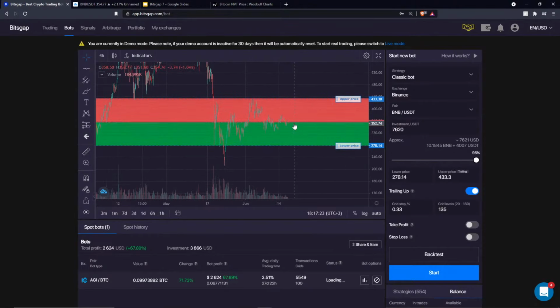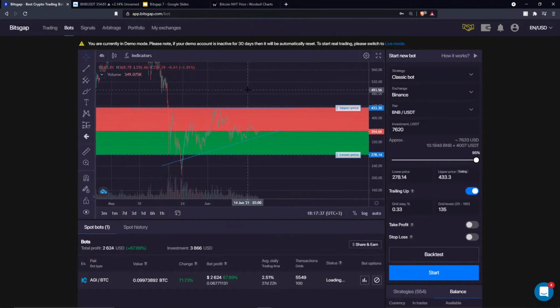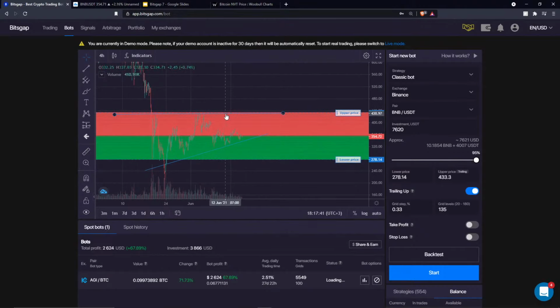The price is somewhat in between right now. It's like in the middle, you see. It's more or less the pattern formation known as the ascending bottom triangle, and in this pattern formation you can recognize the accumulation phase.